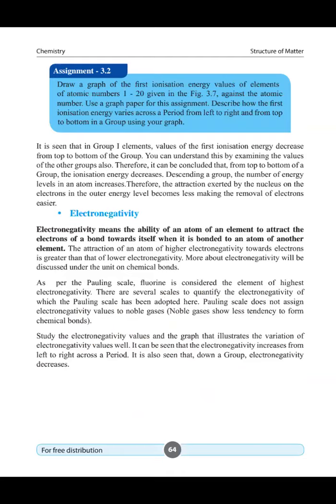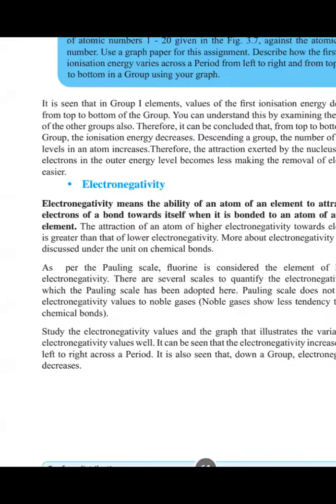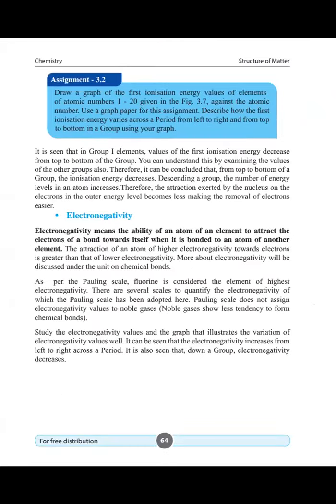Now this electronegativity can be measured using the Pauling scale. According to the Pauling scale, fluorine, capital F, is considered the most electronegative atom.